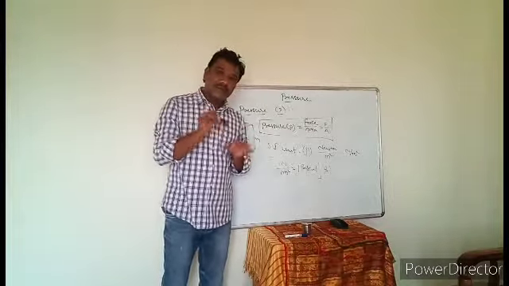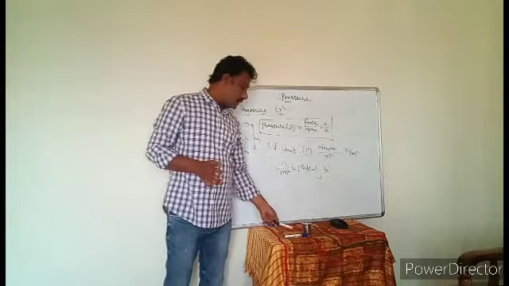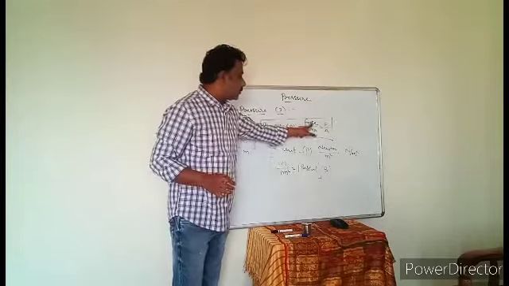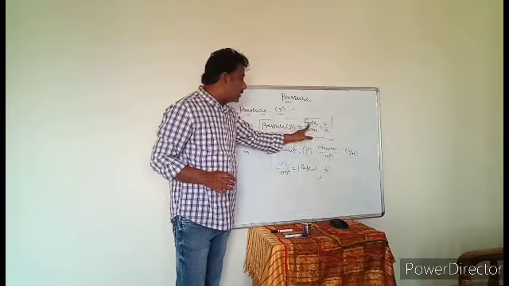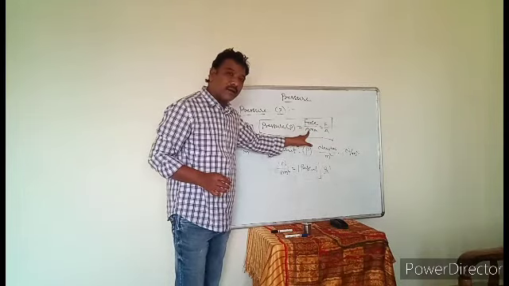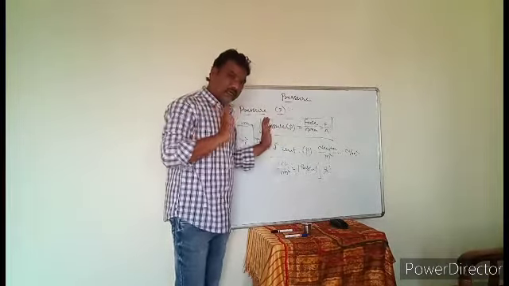From all this, we have to observe one thing. The most important thing is that pressure is equal to force by area. That means pressure depends on two factors, force and area. When does the pressure value increase, and when does it decrease?